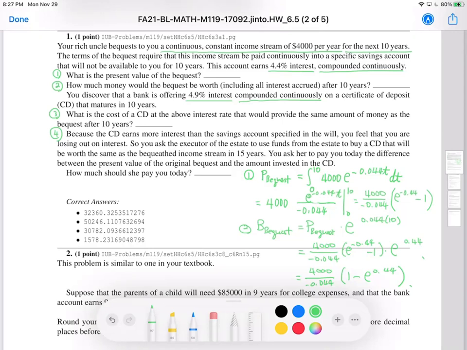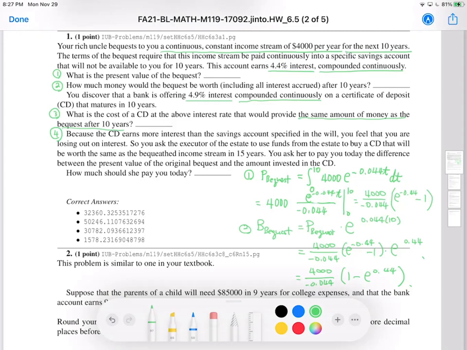So we want to set an equation, the same amount of money as the bequest after 10 years. We're assuming that this is a one-time lump sum payment, the cost of the CD, which is the present value.